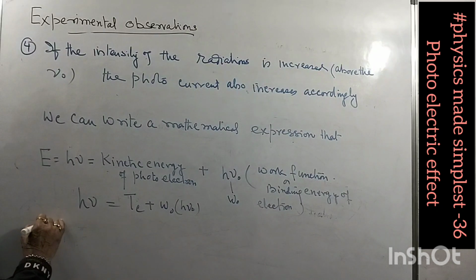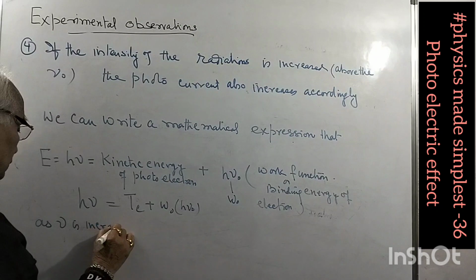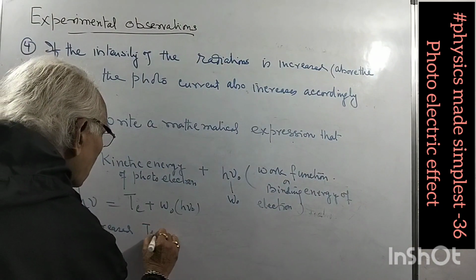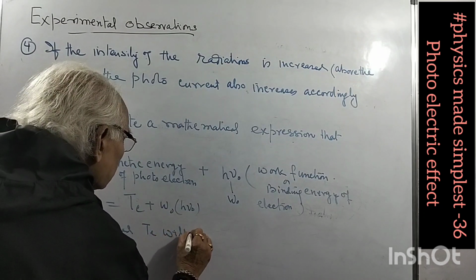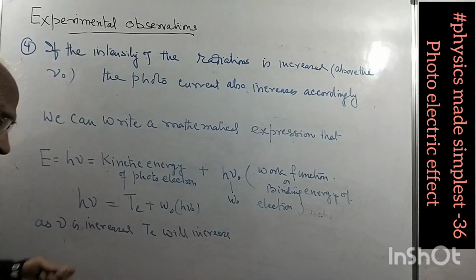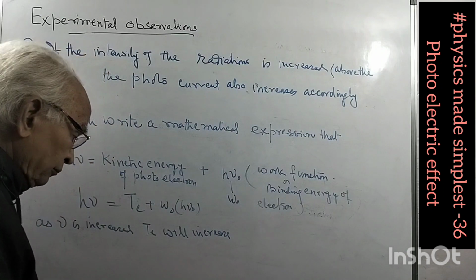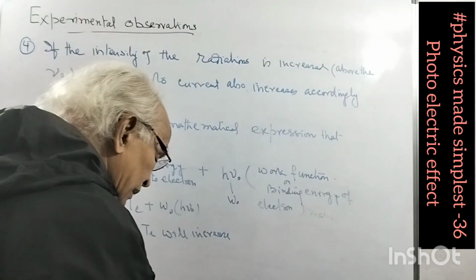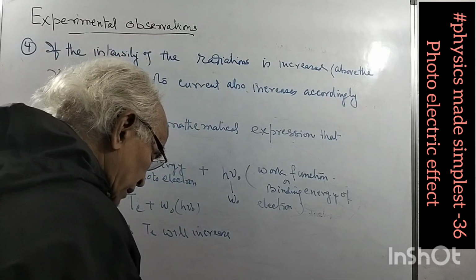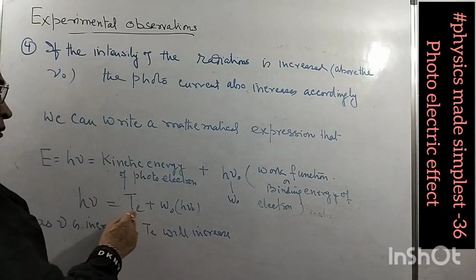So as nu is increased, T will increase. That is, W naught is constant. So this is the observation that as the energy of the radiation, that is the incoming photon, increases, this will increase the kinetic energy of the electron.